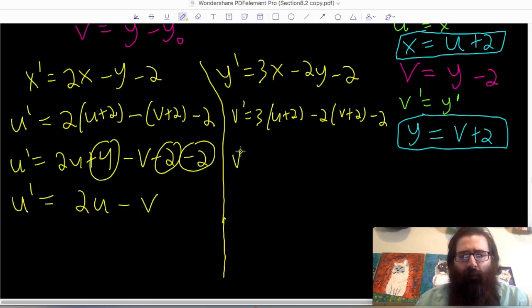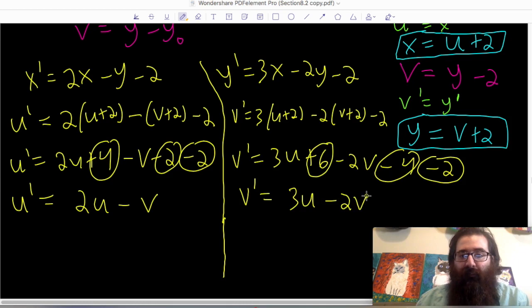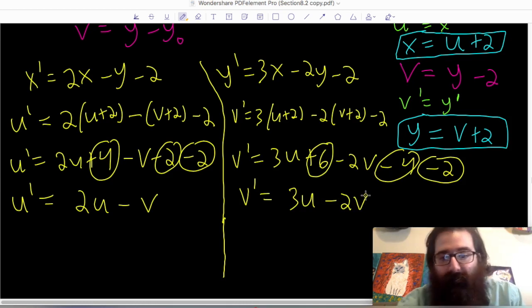And here with v prime, if I distribute the 3 in, I get 3u plus 6. Bring the negative 2 in, we get minus 2v minus 4, and then minus 2. And with those constants, we have 6 minus 4 minus 2 is going to cancel, so I'm really just left with 3u minus 2v.